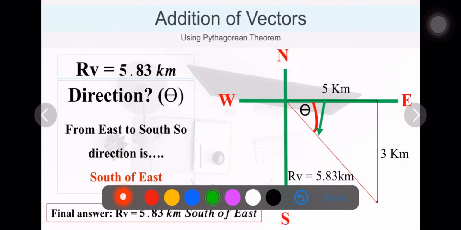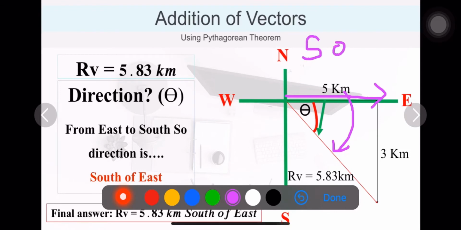We will refer our direction to the position of theta. So notice that theta is located here, below east. Meaning the theta originates from east and then it moves to the south, meaning this is south of east.